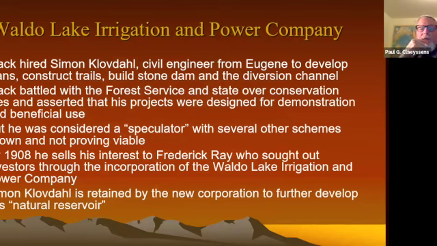So this A.R. Black hires this engineer called Simon Klovedal, who was out of Eugene, to really develop this natural reservoir. During that time in the early 1900s, Mr. Black continued to fight with the Forest Service and the state of Oregon over the fees he was required to pay, and the fact that he kept delaying construction and improvements, and so he wasn't really demonstrating beneficial use, which was a criterion for a permit.